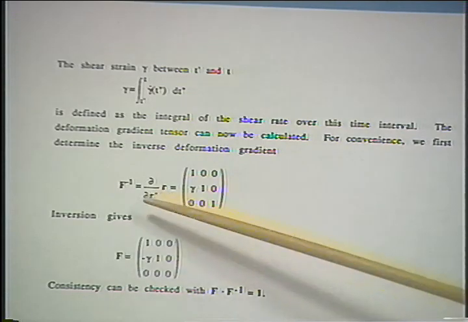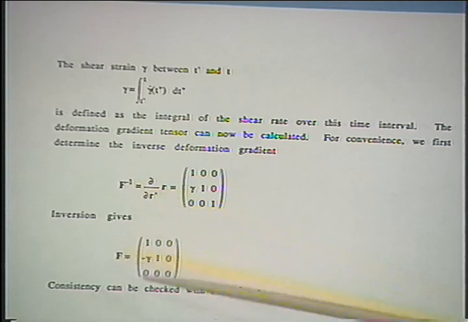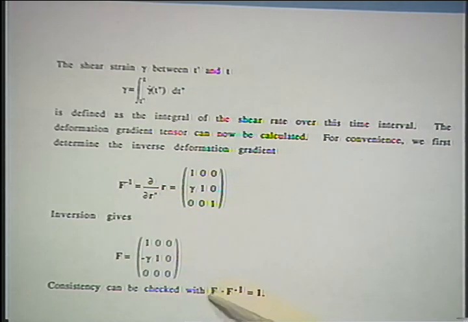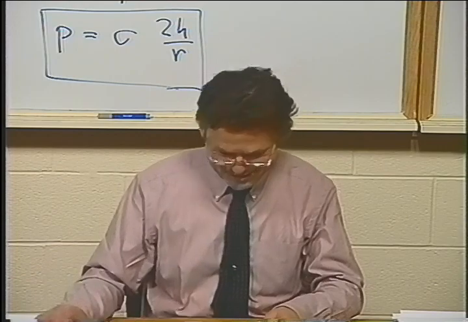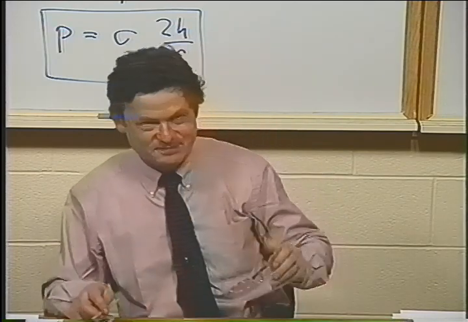You can multiply those two and check for consistency, and find that the product reduces to the unit tensor. I will do more calculations of that with you. If you just have the basic concept that we draw material lines and follow their components, that's good enough for the moment.